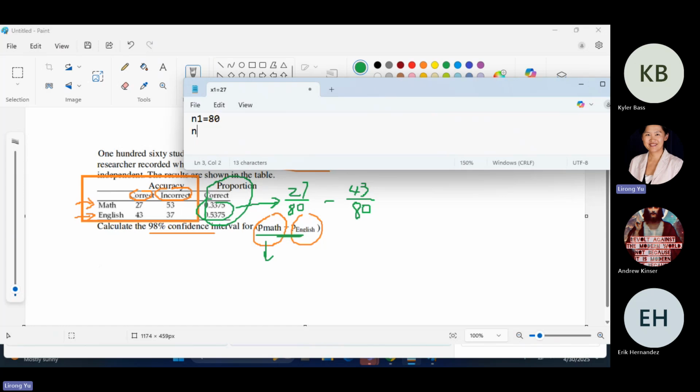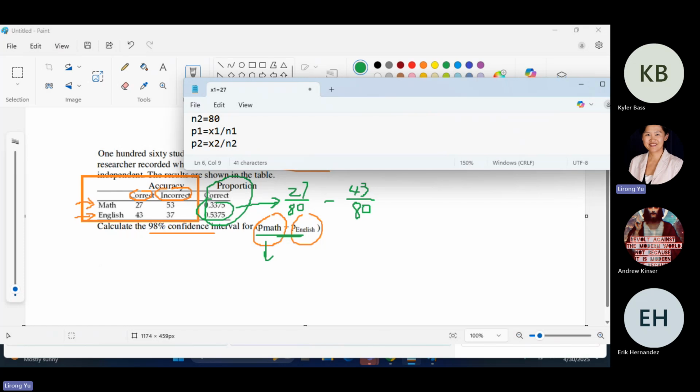For the English major, we have X2, the number of successes, which is 43, out of 80 students as well. 43 plus 37, right? We have a total of 160 students. Then for the proportions, I'll just write P1 equal to X1 divided by N1, and P2 equal to X2 over N2.